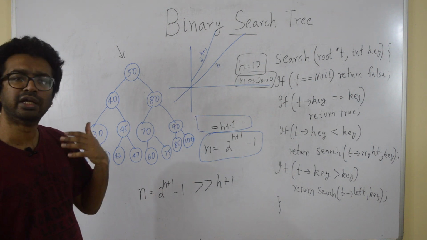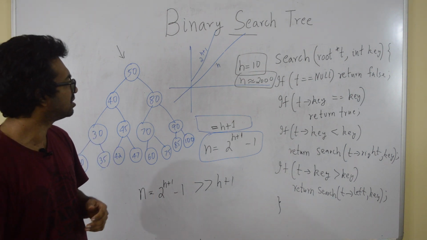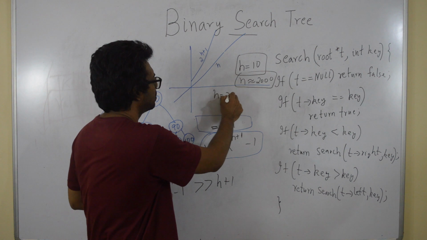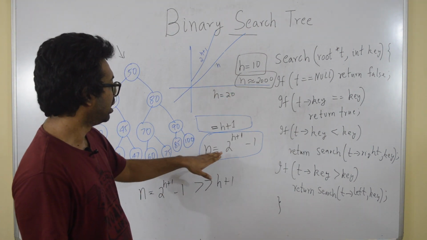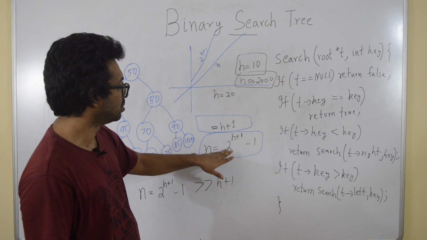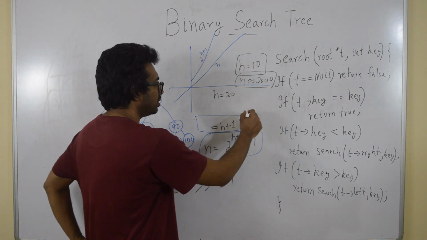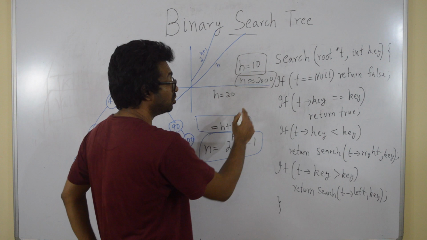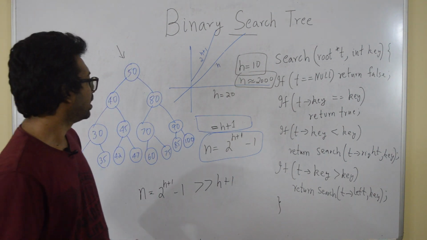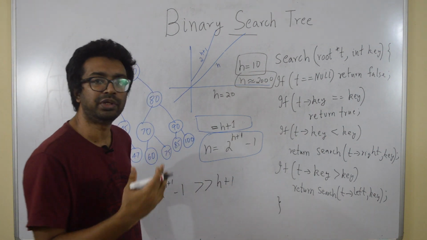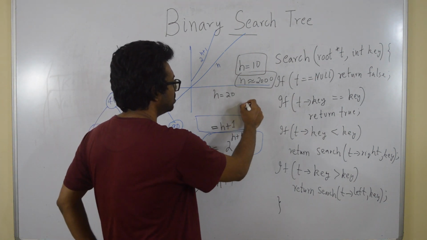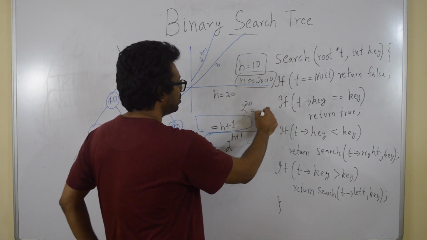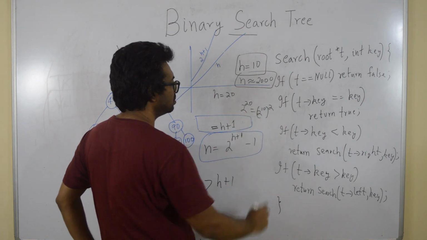Let's increase further. What about if h is 20? This is now getting really big. 2 raised to 10 is around 1000, and 2 raised to 20 is 2 raised to 10, raised to 2, right?